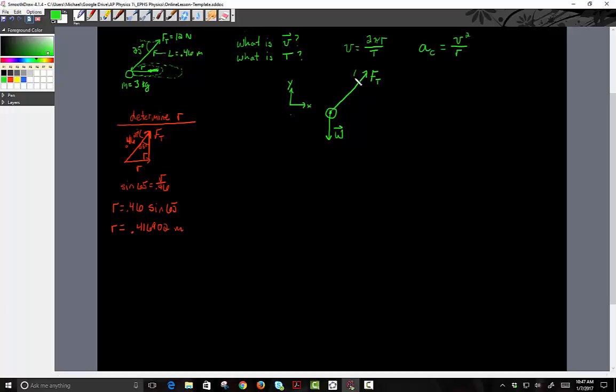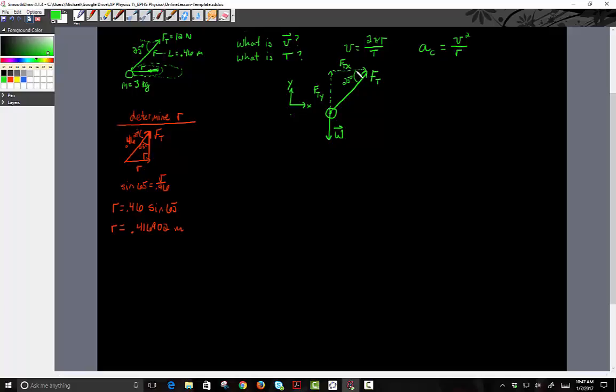Oh, I know this is 25 degrees. So what I'm going to do is draw them over here where I have my angle. So this would be the force of tension in the y direction and the force of tension in the x direction.